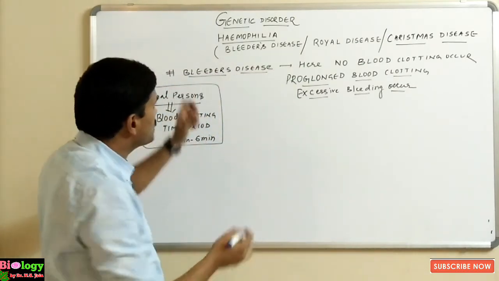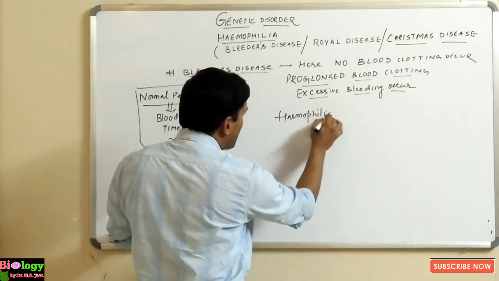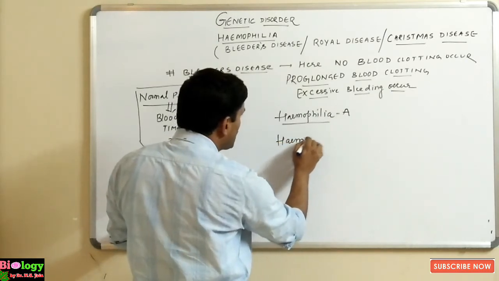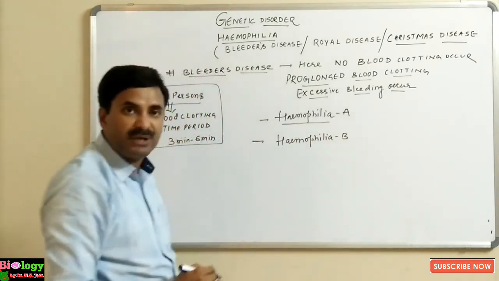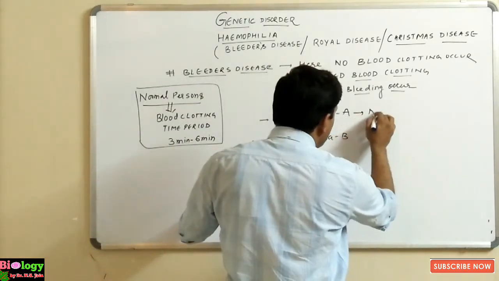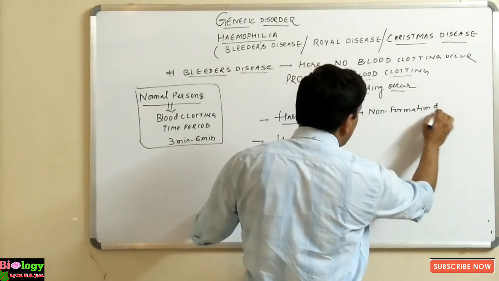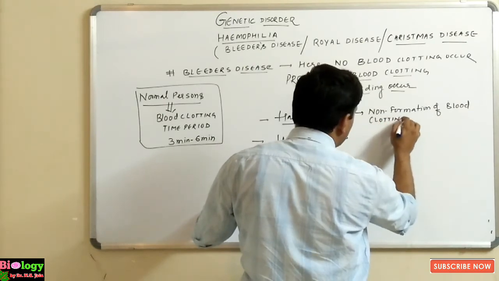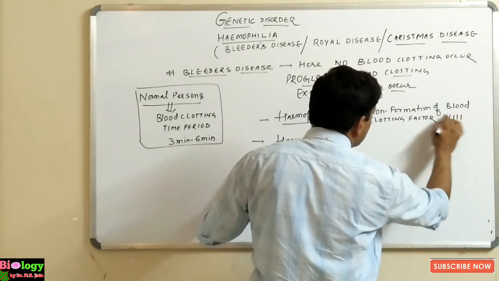But now you must also know how many types of hemophilia there are. Hemophilias basically fall in two categories: hemophilia A and hemophilia B. Hemophilia A is caused due to non-formation of blood clotting factor 8.